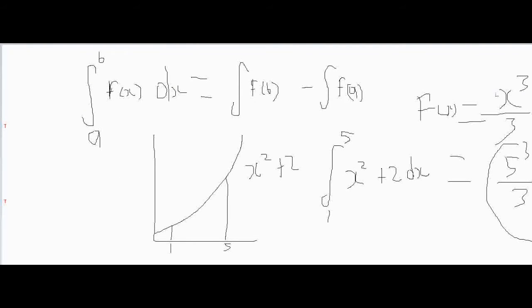Now let's move on to volume of solid of revolution. Now, let's draw another small graph here. Okay, alright, so I have a graph here, y-axis, x-axis, and let's say we have this curve here.